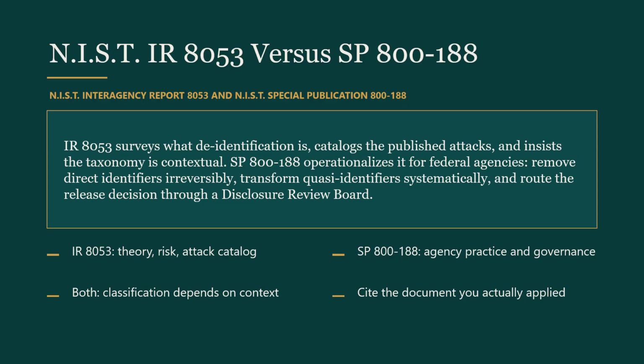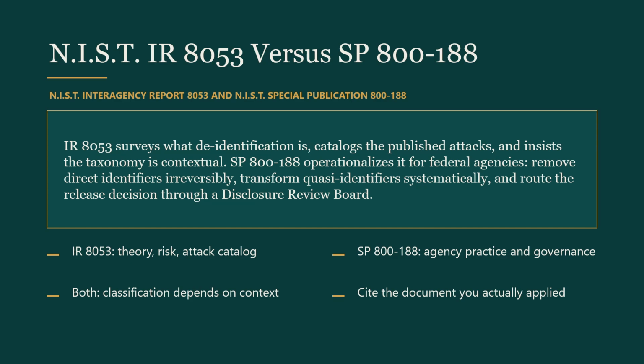That is a mathematically honest position, and it is also an unusable one for someone who has to ship a dataset on Friday. Special Publication 800-188, De-identifying Government Datasets: Techniques and Governance, is the operational companion, and it solves exactly that problem. It is prescriptive.